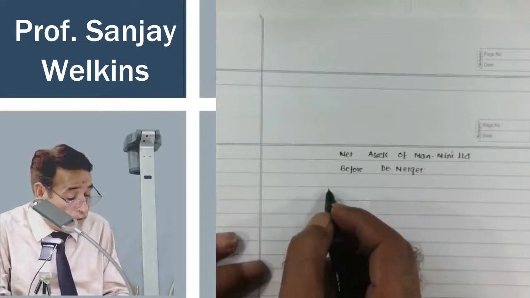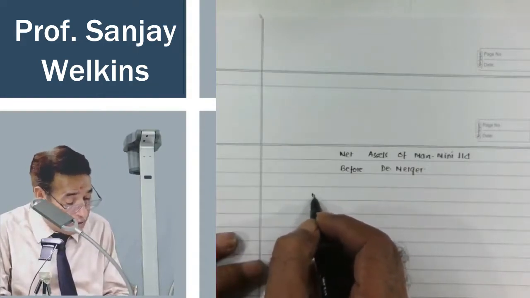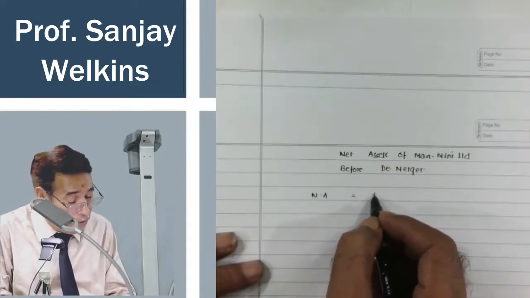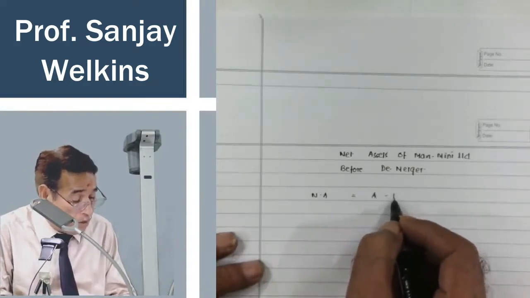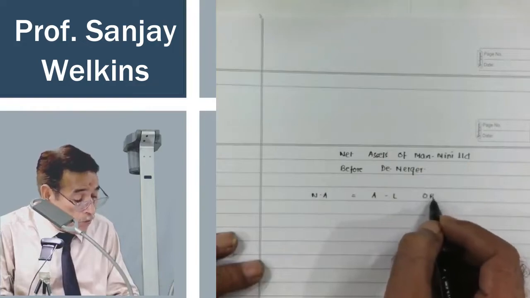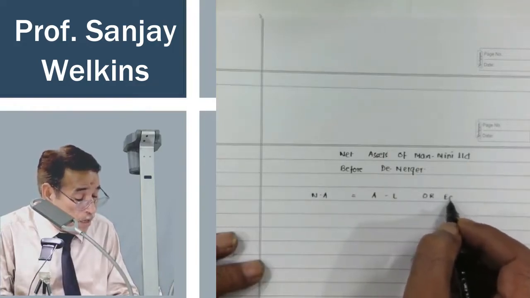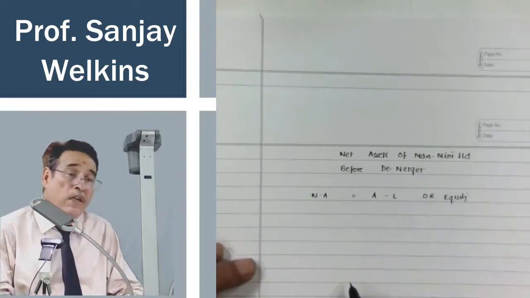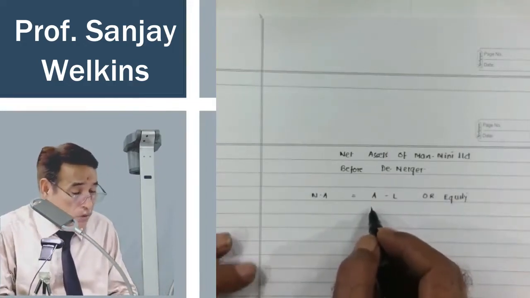It is very simple. We know that net assets is always equal to assets minus liability, or it is equal to equity. And equity means share capital plus reserves. Correct? So we know the amount of assets.